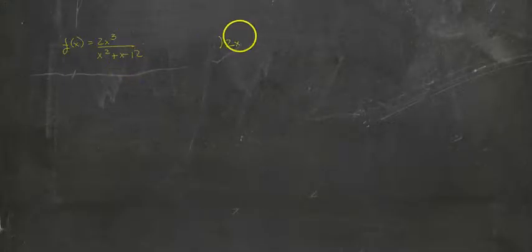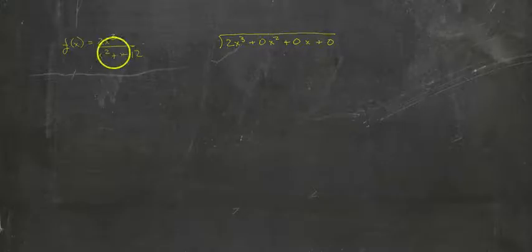So 2x cubed plus 0x squared plus 0x plus 0 is my numerator, and I'm going to divide it by x squared plus x minus 12. So 2x times x squared would give me 2x cubed.